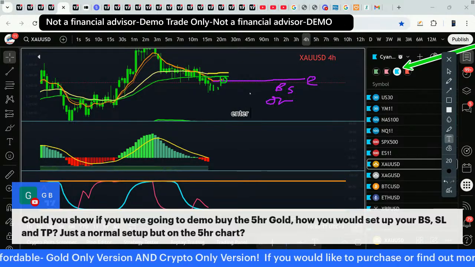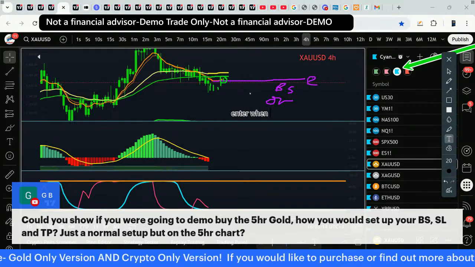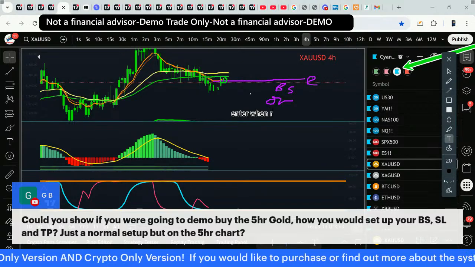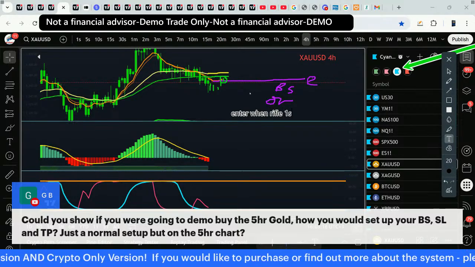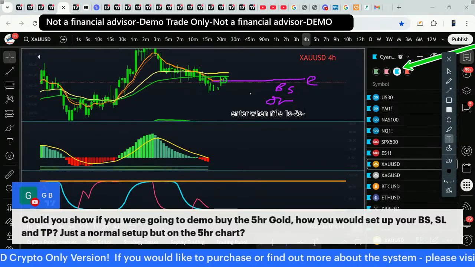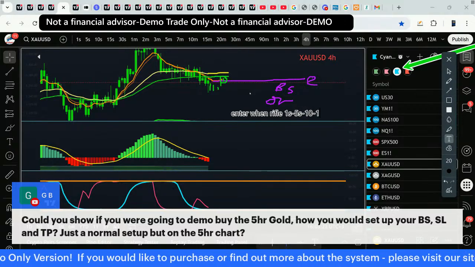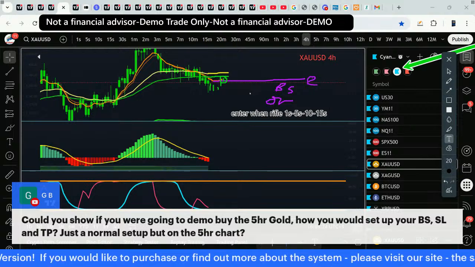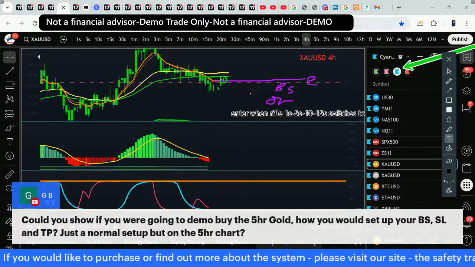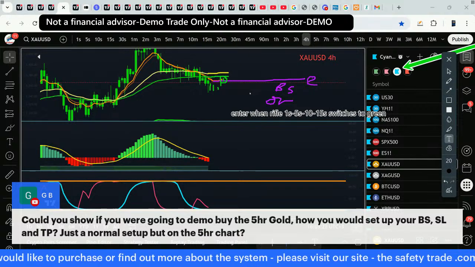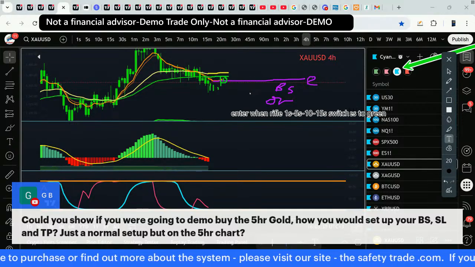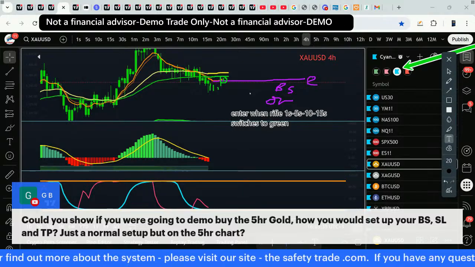This answers Sally's question too: when the rifle, 1 second, 5 second, 10 second, whichever time frame you want to do it on, switches to green. It's either or. It's that easy. You can trust the sniper to do it, or you can do it yourself and just wait for that.